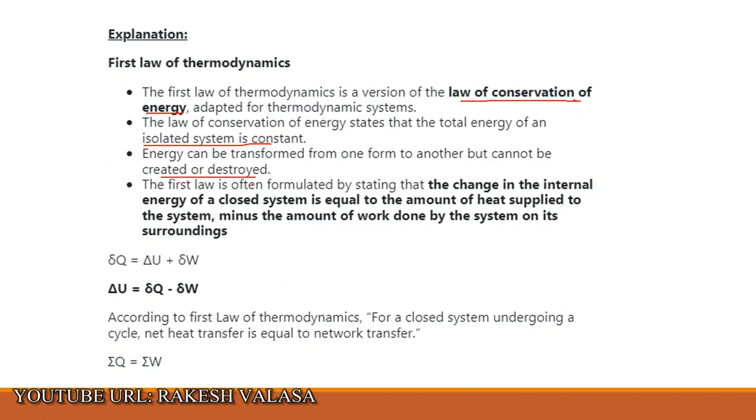The first law is often formulated by stating that the change in internal energy, delta U, of a closed system is equal to the amount of heat supplied, delta Q, minus the amount of work done by the system on the surroundings, delta W. Delta U equal to delta Q minus delta W. We can also write delta Q equal to delta U plus delta W.